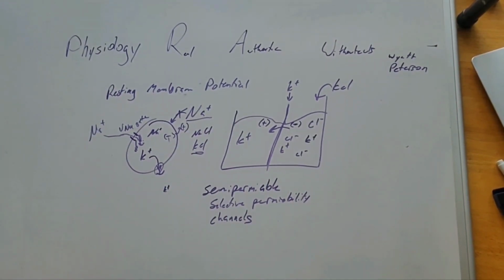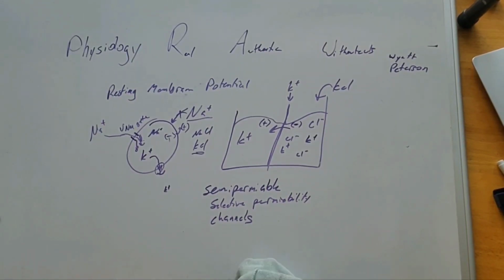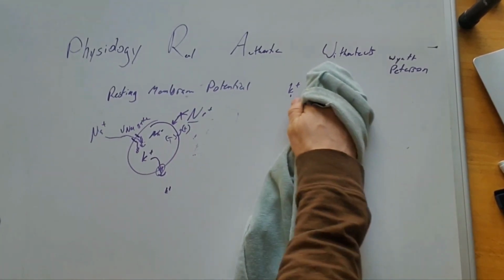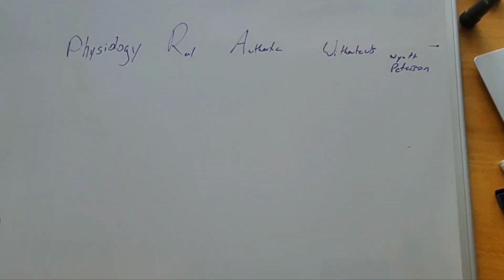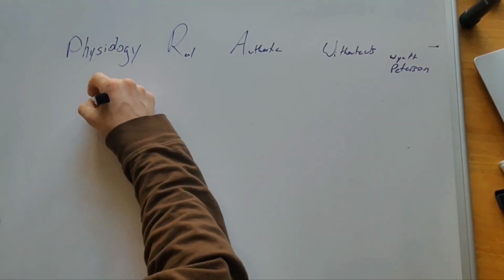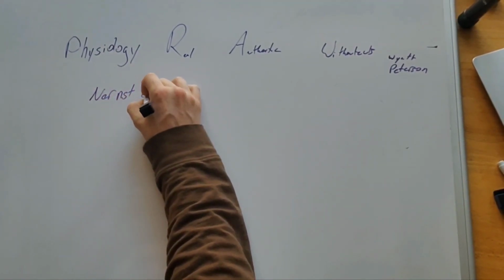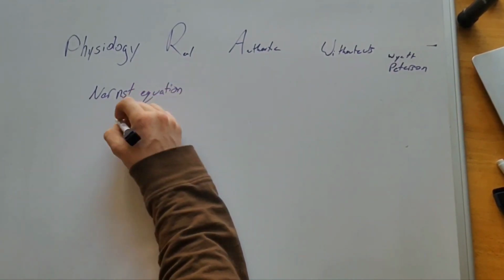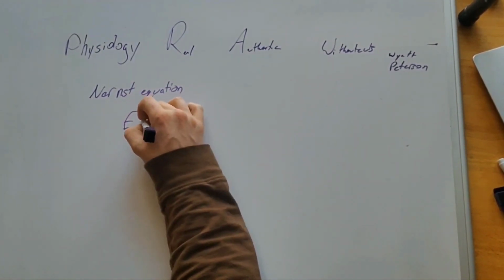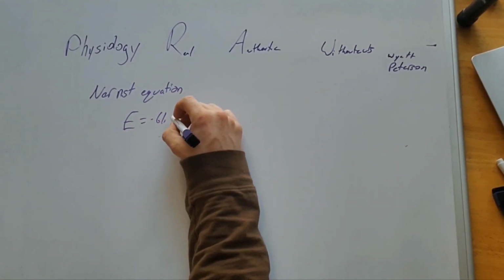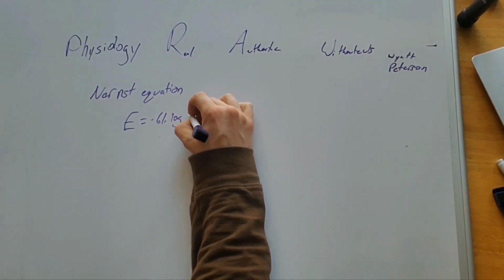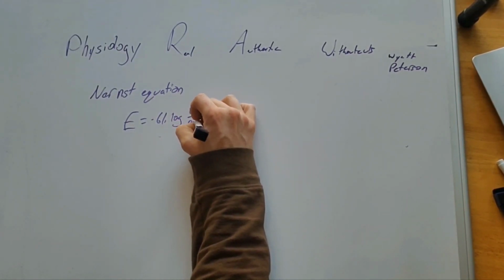The last part of the question says, briefly include a discussion of the Nernst equation and driving force. The Nernst equation is negative 61 times the log of the concentration in, out.